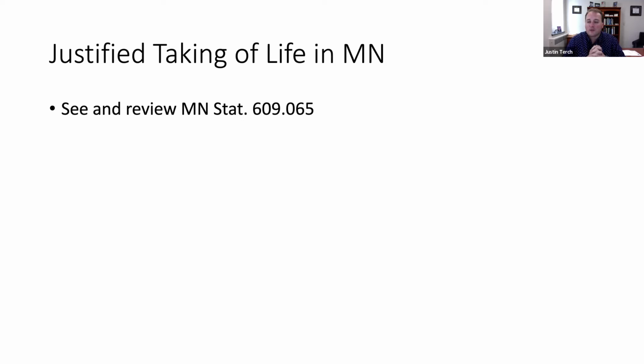So the word reasonable is really important in the legal context. How that's defined is the reasonable person standard. It used to be called the reasonable man standard, now it's called the reasonable person standard, and it's widely adopted throughout the country.